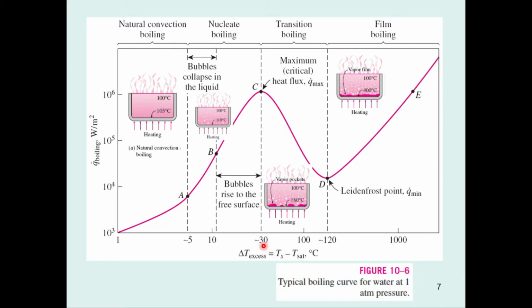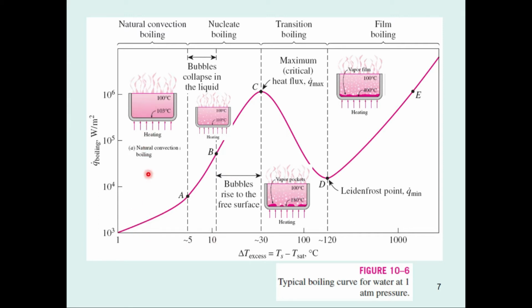If the delta T excess is from 30 to 120, this will be known as transition boiling. If the delta T excess is more than 120 degrees centigrade, this will be known as film boiling. In the upcoming slide, I will explain the different kinds of boiling and what is happening inside the bulk of the liquid as the delta T excess increases.